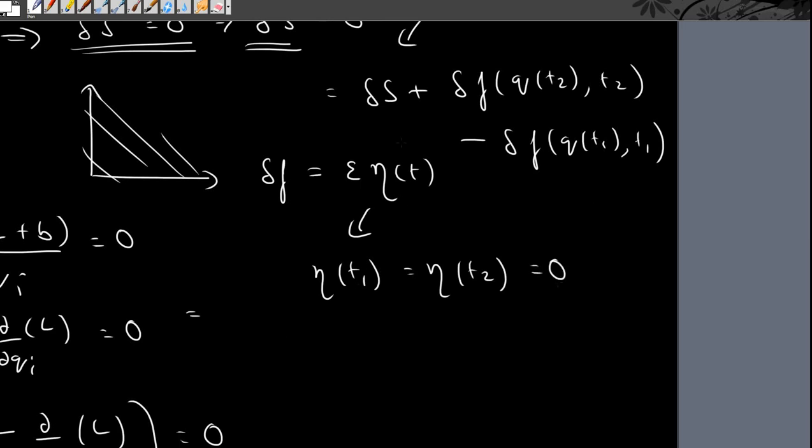So this was how we defined this function eta, and epsilon is of course some number close to 0.